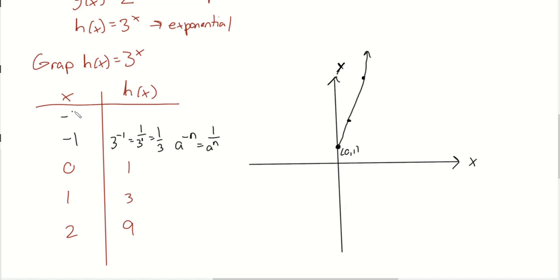So now negative 2. Can I keep going? What is 3 to the negative 2? Yes, 1 over 3 squared, so it equals 1 over 9. Declan, can you plot those 2 points for me?